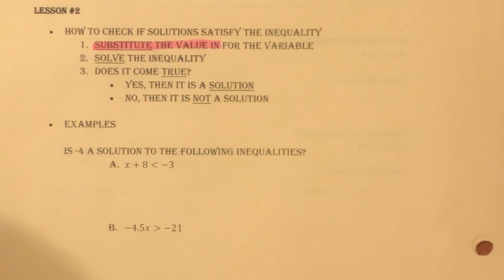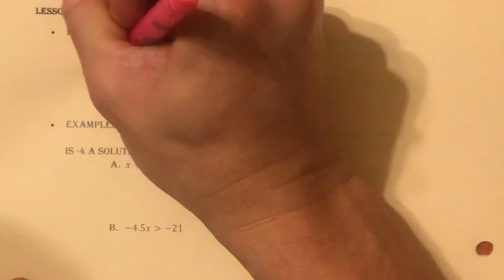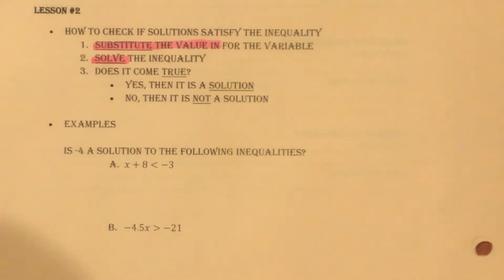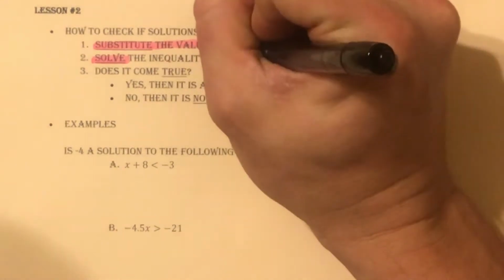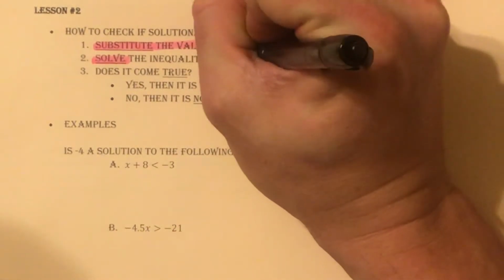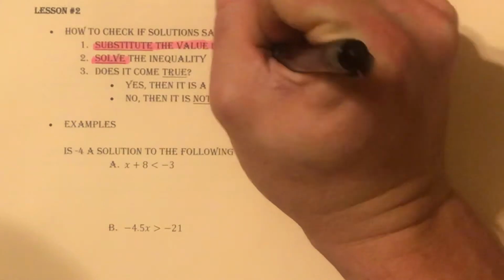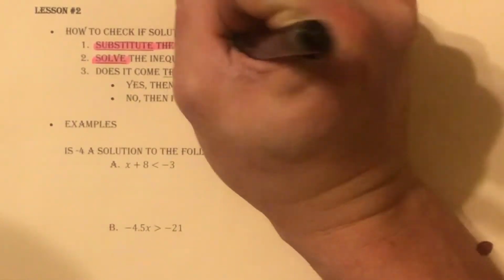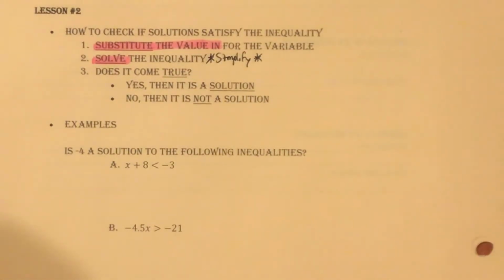Second thing we want to do is we want to then solve that inequality, or really simplify it down. All right, we're going to call it solving, but really what we're doing is simplifying it down to see if it comes true. So I'm just going to put that out to the side, simplify. Little stars just to remind myself I'm not actually solving because there's no variable anymore. What I'm doing is I'm simplifying. And then last thing we're doing is checking, does it come true?